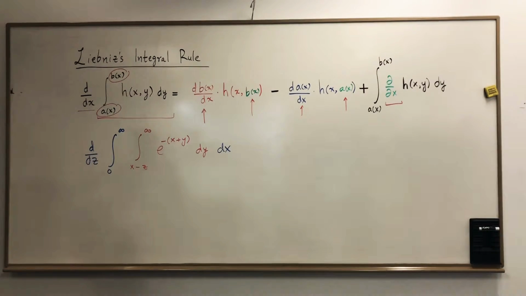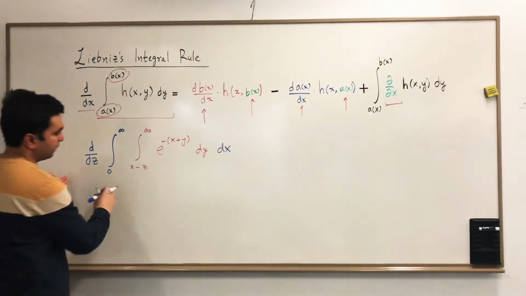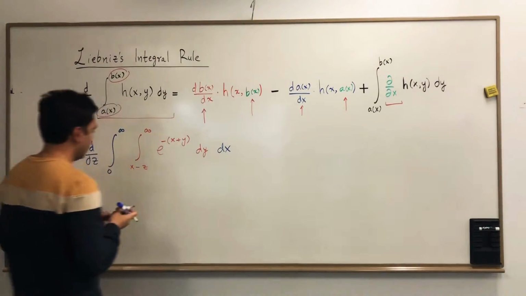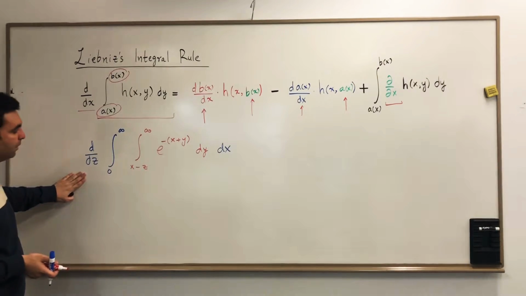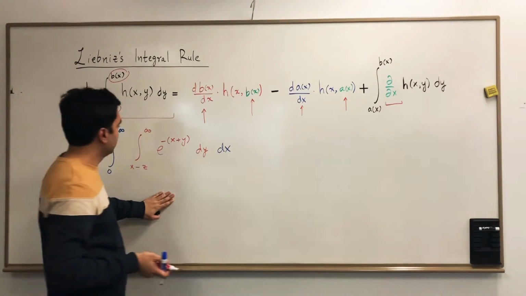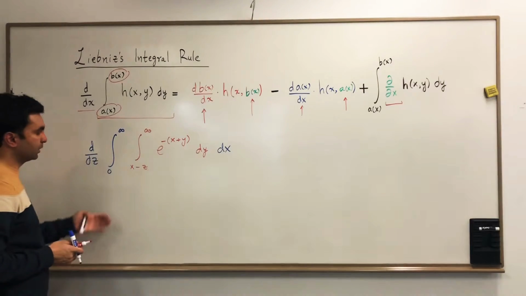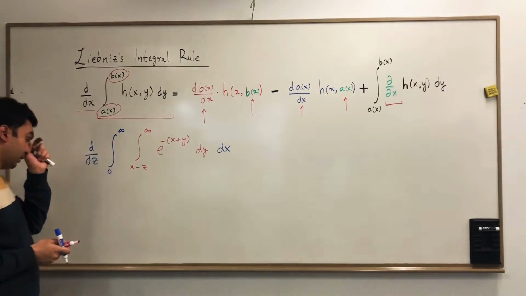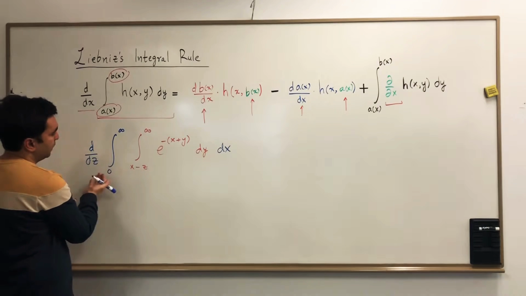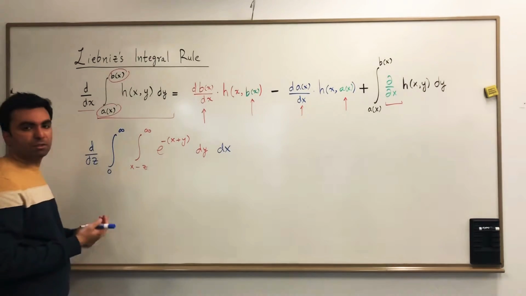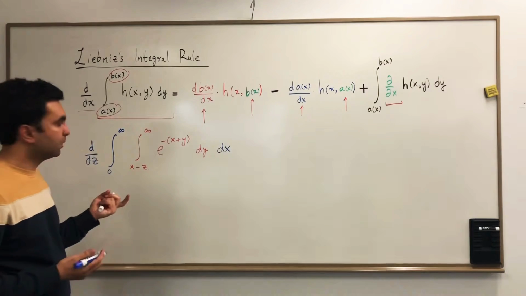Again, you have the option to first integrate this, compute the double integral, and then take the derivative with respect to z. But that might take a lot of effort. It might be simpler in many cases to move this derivative inside, do the differentiation first, and then compute a simpler integral.